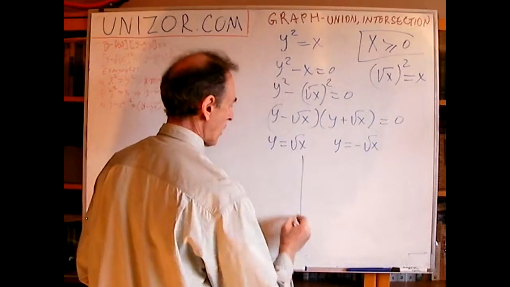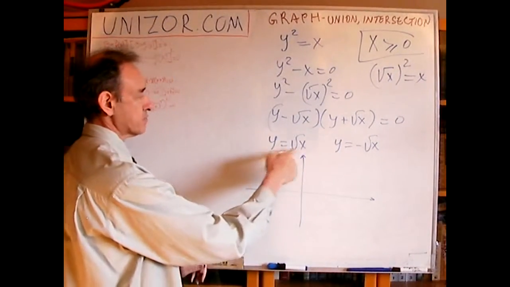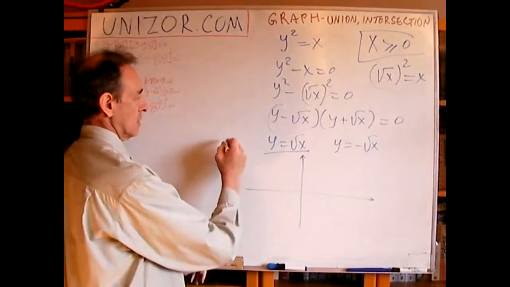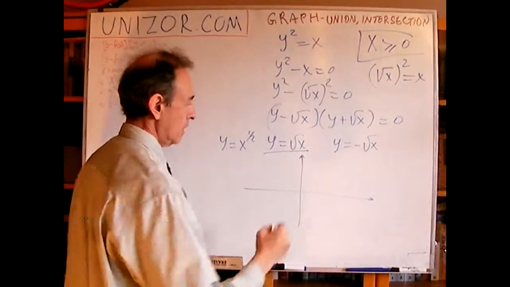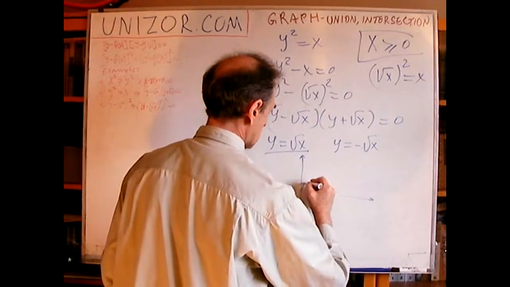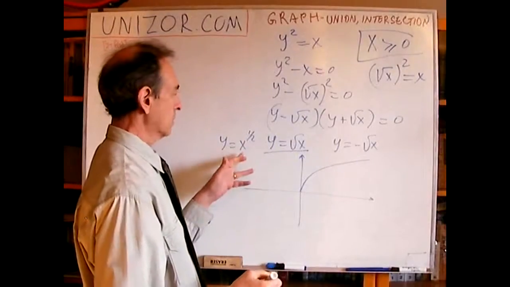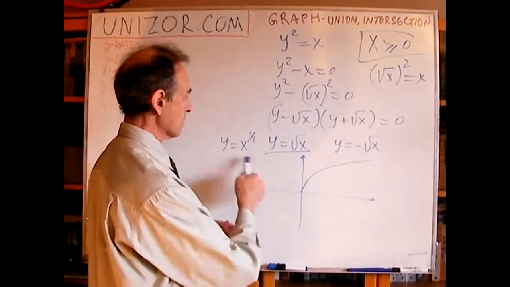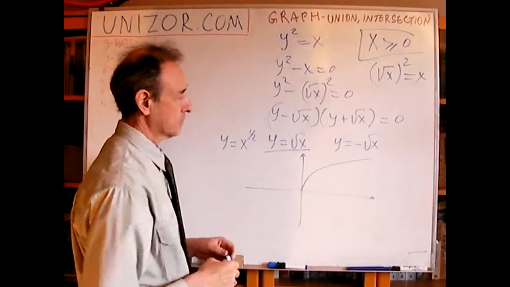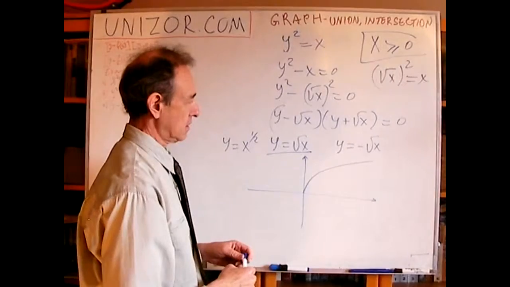Now you remember that this particular function, or if you wish, x to the power of 1/2, looks like this. We were talking about x to some power. We had a whole lecture on how this curve looks for different values of the power. So for 1/2 it looks something like this.